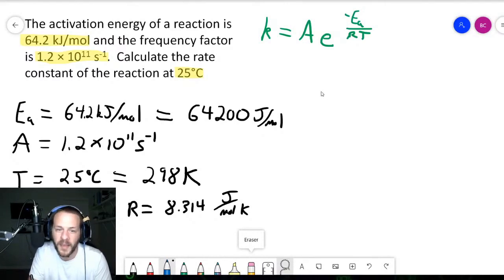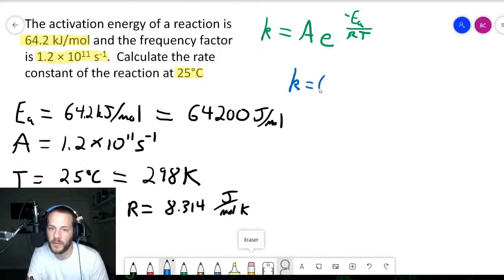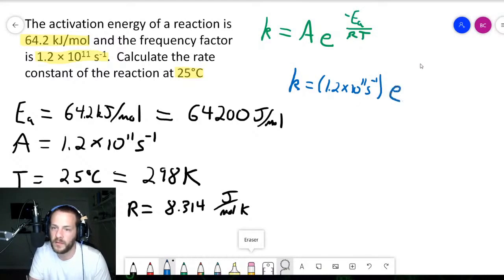Anyway, so we have k is equal to A, that's the frequency factor, 1.2 times 10 to the 11 inverse seconds, times e raised to a big term, right? It's going to be negative 64,200 joules per mole, and that's going to be over the product of R and T.